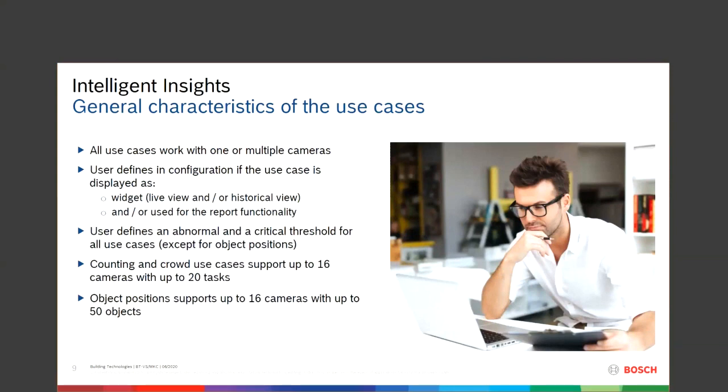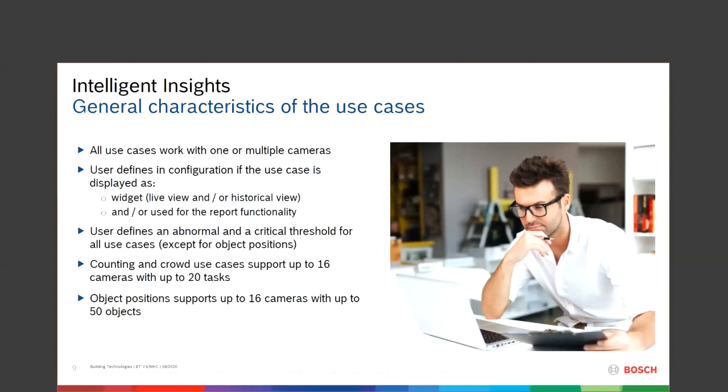All these use cases can work with one or multiple cameras, meaning that one camera can provide you with multiple analytic scenarios, and these analytic counters can be used for multiple different purposes. But most probably, you will be using multiple cameras.